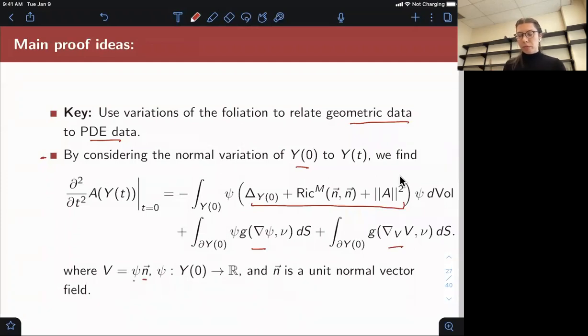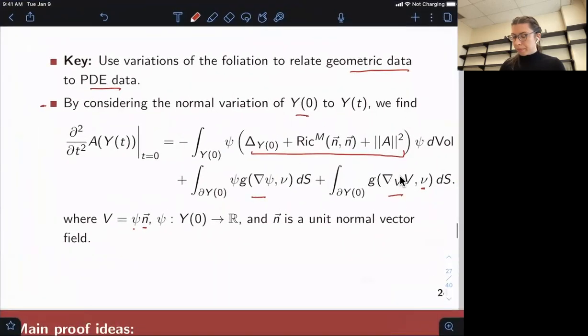B tells me how much I push up, so it's scaling this normal vector field. And nu here is the unit normal to the boundary of the minimal surface Y0. So normal to the boundary of the manifold, but tangent to the surface itself.